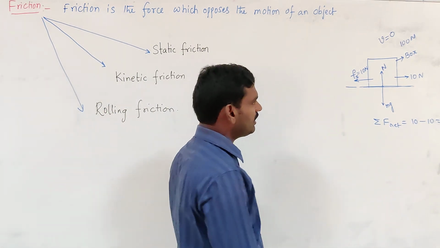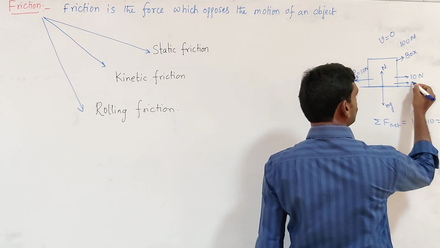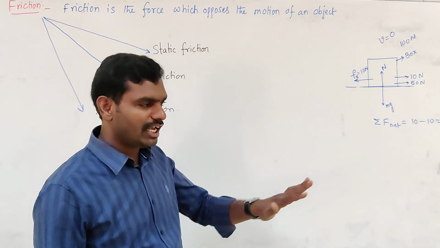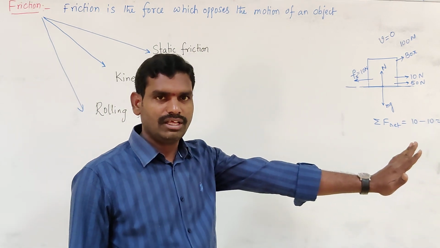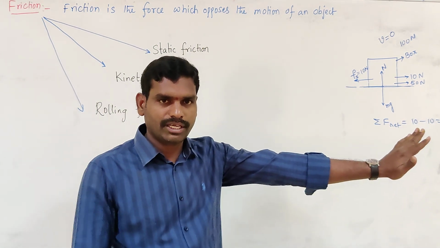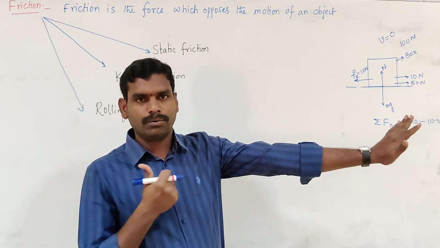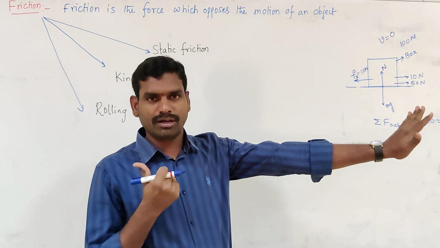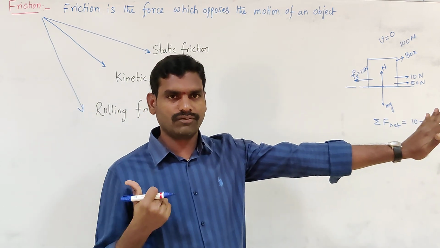In the second case, I am increasing the force to 50 newtons. Still the object is at rest. That means another force is opposing the motion of the object. What is the other force acting opposite to the applied force? Frictional force again.